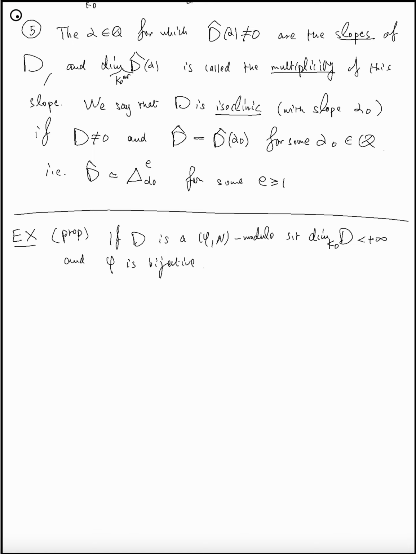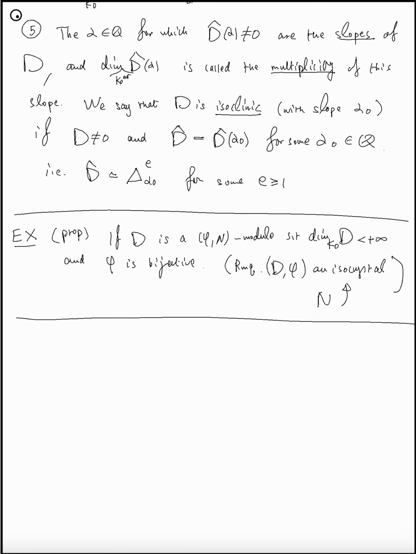Okay, then notice, this is telling that D with phi is already an isocrystal, but that's not all the structure because there is also a monodromy over it.